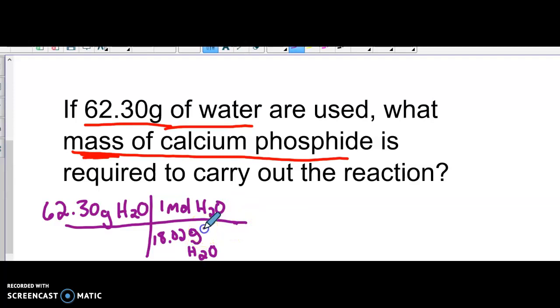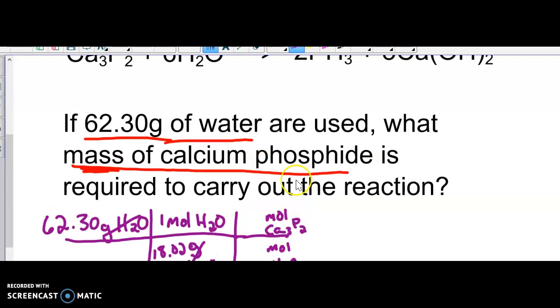So at this point, we've gotten rid of grams of water and we're in moles of water. Since at this point our given compound is in moles, we know we have to do our mole ratio because we're trying to get to moles of calcium phosphide.